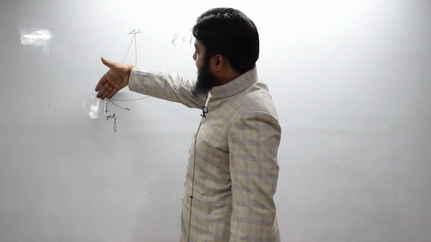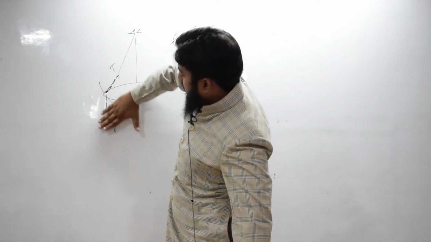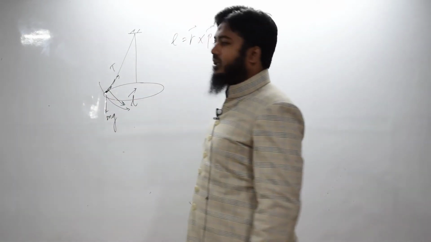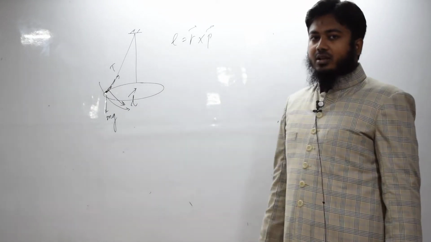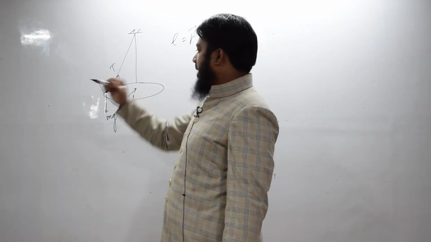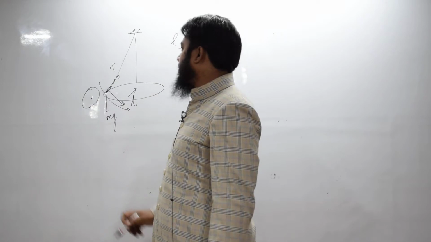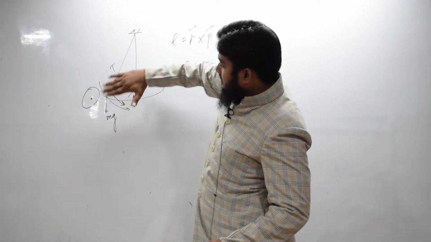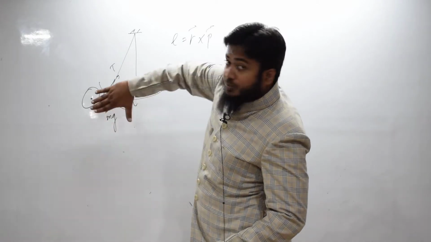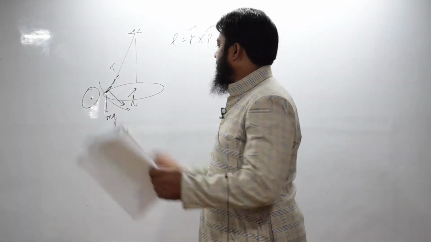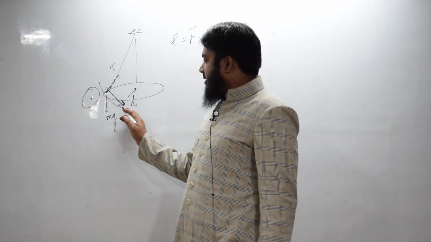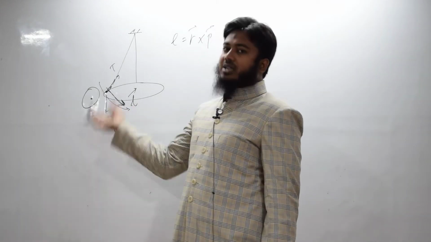Now, r cross p, so the angular momentum comes out to be in this direction, and torque is outward. So, this comes out to be somewhat along this direction. Now, this direction is in the plane and this direction is out of the plane.